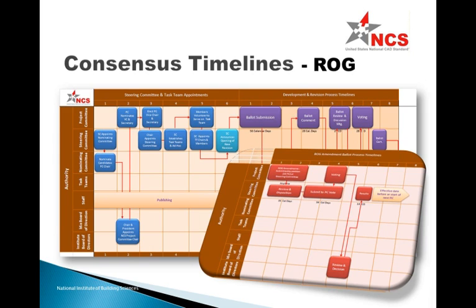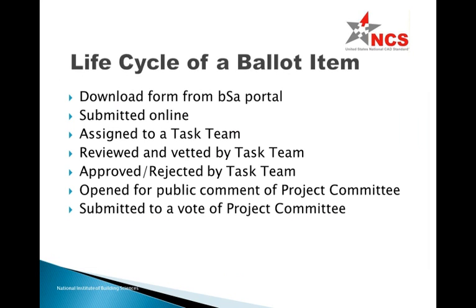So here, in the typical life cycle of a ballot item, the form will be downloaded. Then the changes from the membership will be submitted online. That change will be assigned to a task team.